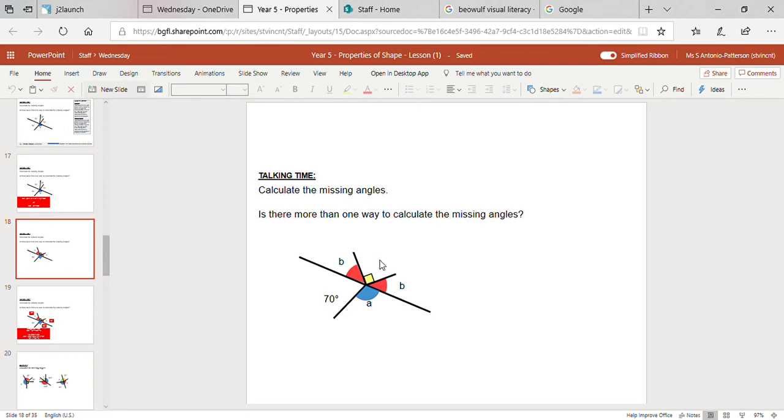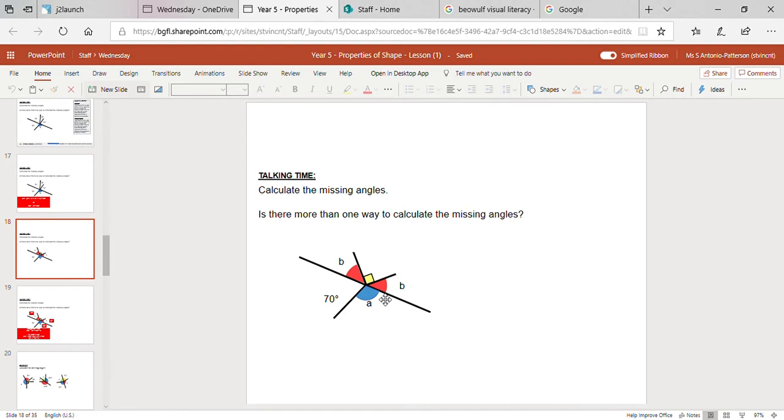All three angles, B plus this one plus this B, must equal 180 degrees. However, we know that we already have 90, so 180 take away 90 equals 90. So B plus B must equal 90.